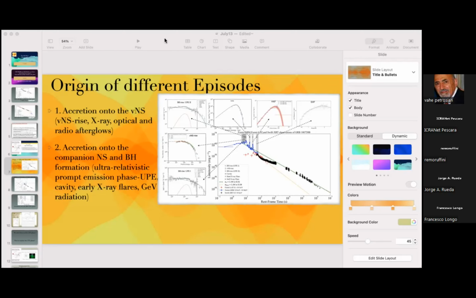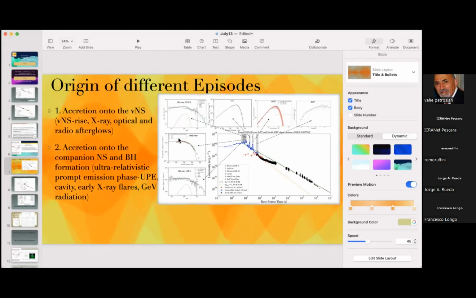And the same physics, this is the masterpiece of the work we did with Jorge, the same physics applies to massive black holes in active galactic nuclei. But without the GRB and the inner engine, we could not understand M87.